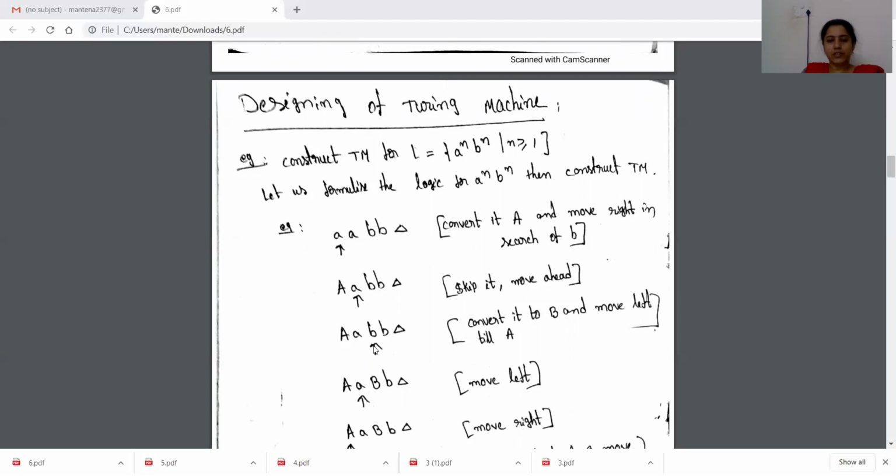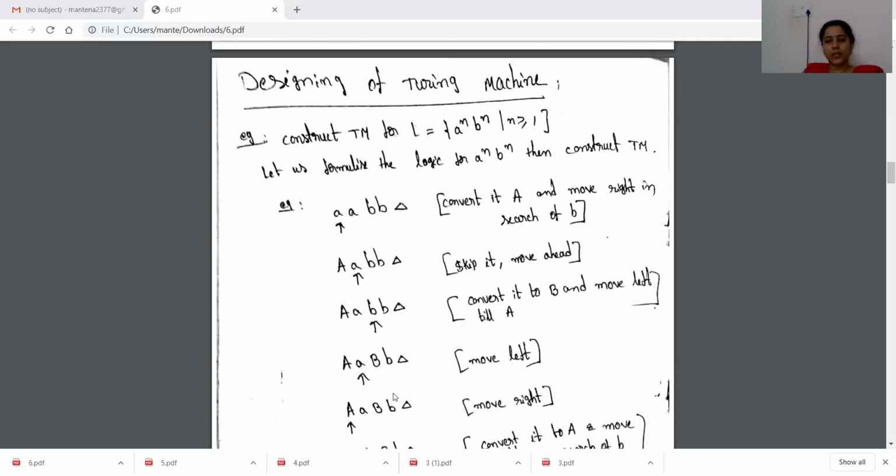After reaching the first small b, convert that into capital B and again come back to the next small a. Now change that small a again to capital A and again go to the right till you reach the next small b.